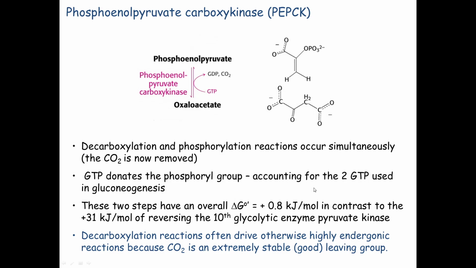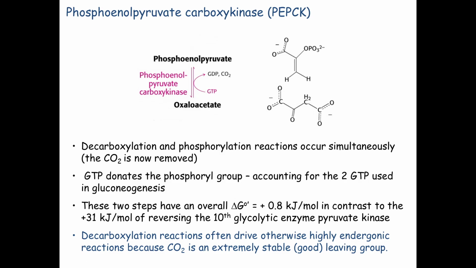Right? Now, if I wanted to try to reverse pyruvate kinase directly, so taking pyruvate and a phosphate from ATP and making phosphoenol pyruvate, the delta G would be plus 31 kilocalories per mole, which is never going to happen. Right? But plus 0.8 kilojoules per mole is reasonable, right?